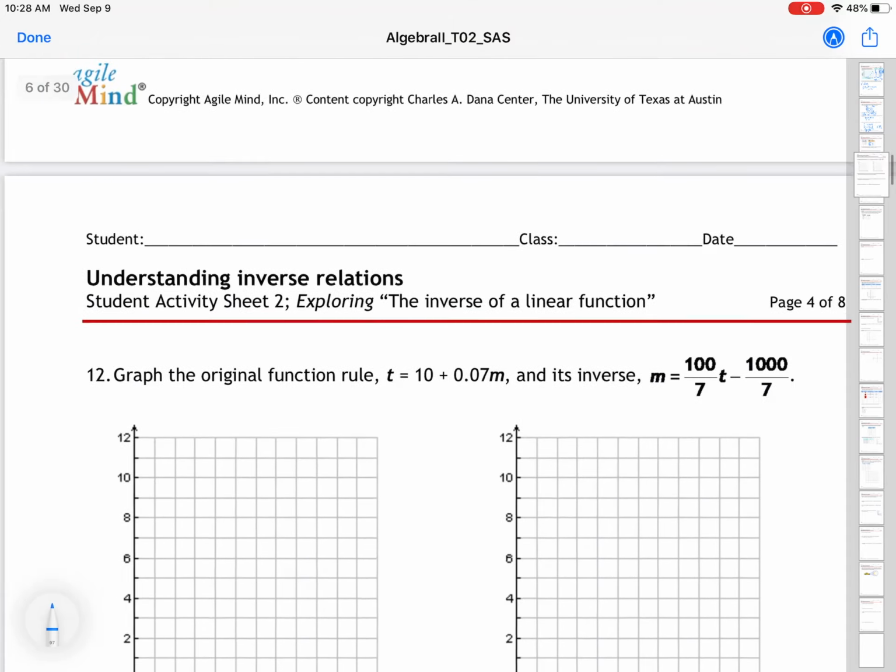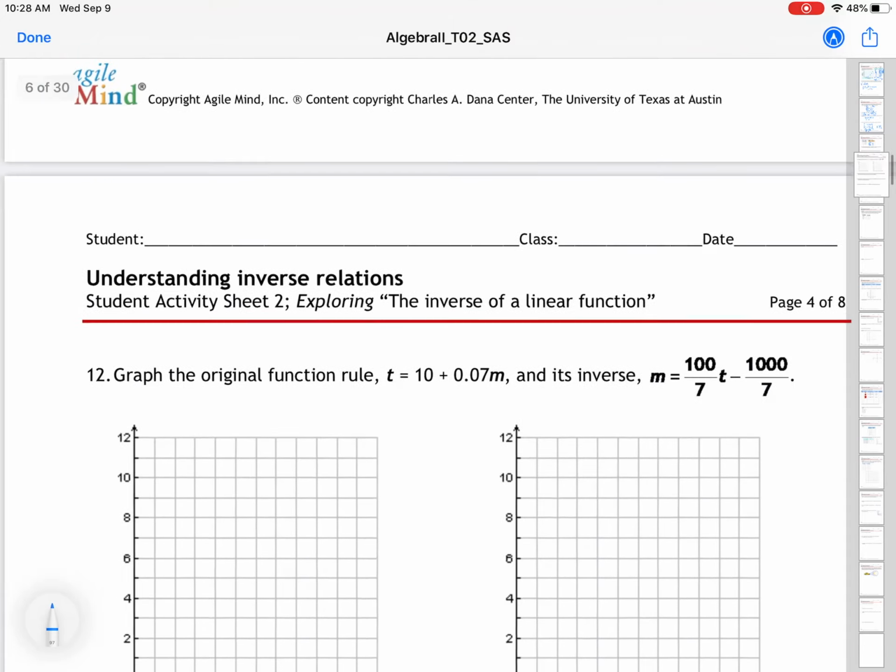Find the inverse function. y equals 5x minus 10. First thing I must do is swap x and y. So first thing I'm going to do is add 10 to both sides.